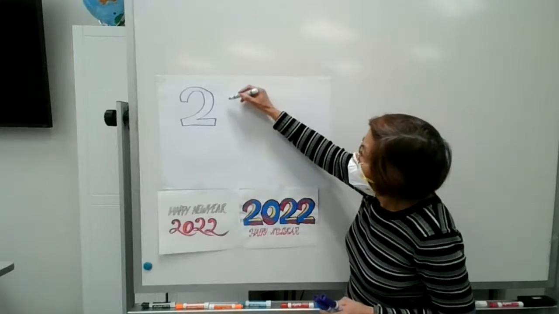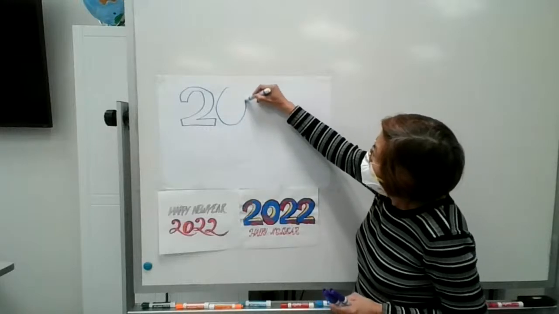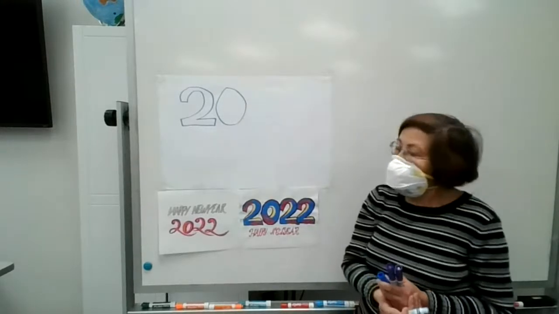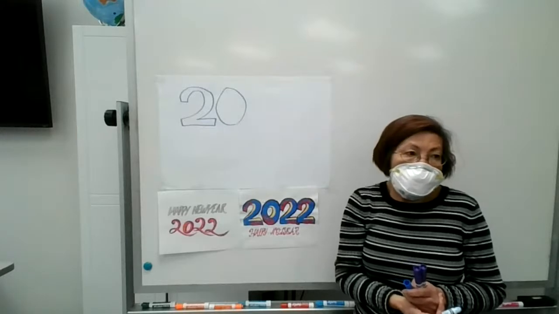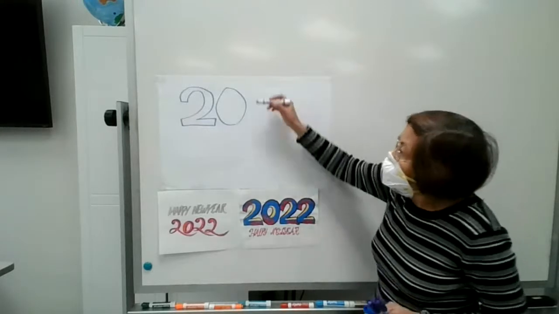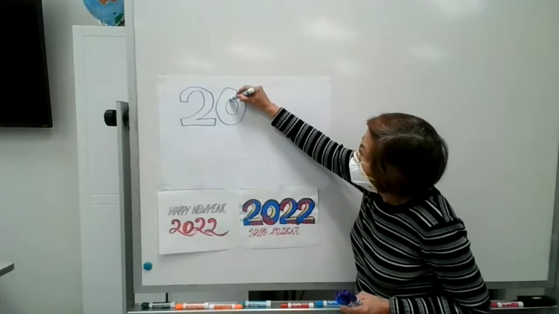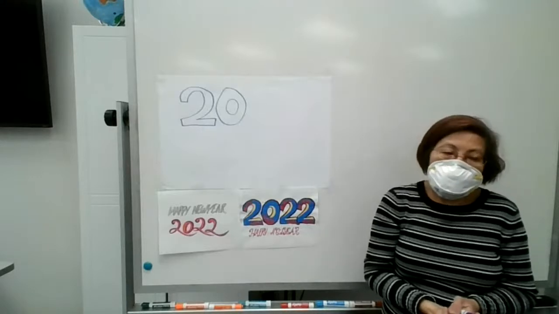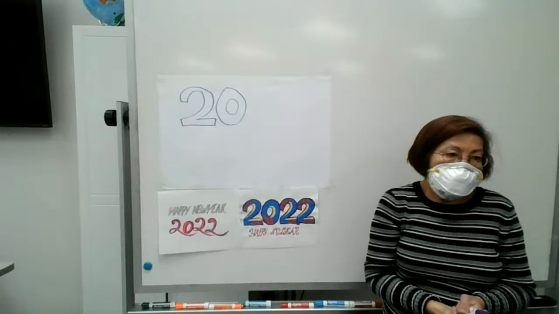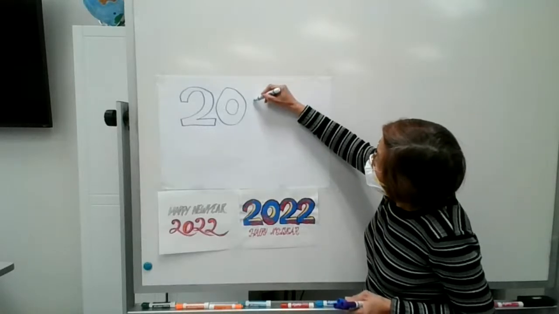Okay. So 2, 0. And we can have a little bit on here, just like the donut, right? Okay. Two, 0, 2. One more 2 here.